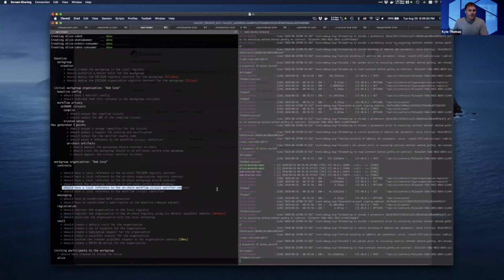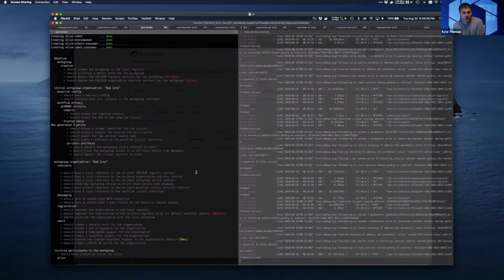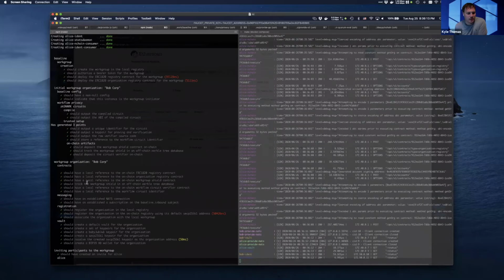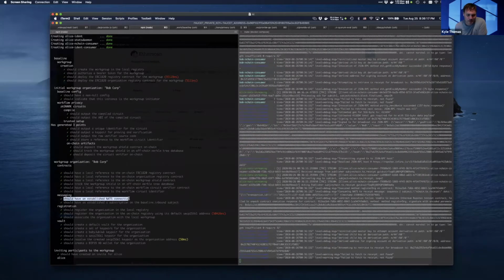We're asserting that Bob's organization has a reference to the workflow circuit's verifier, and that the identifier is also cached. We're asserting that a NATS connection has been established.